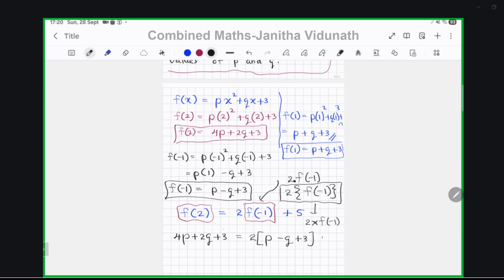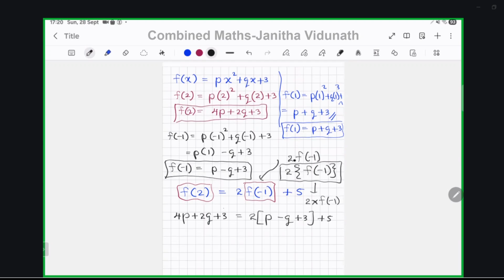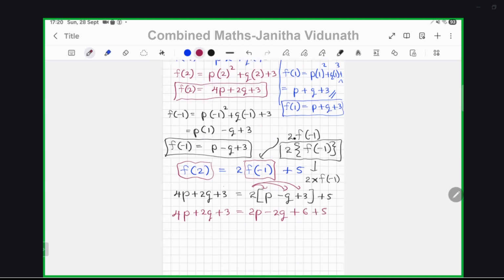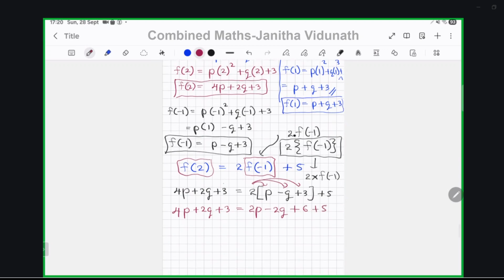Okay, plus 5. Now we can further simplify this equation. Here 4p + 2q + 3. Simplifying this bracket, we have 2p - 2q + 6 + 5. Now we keep variables on one side and constant terms on the other side.